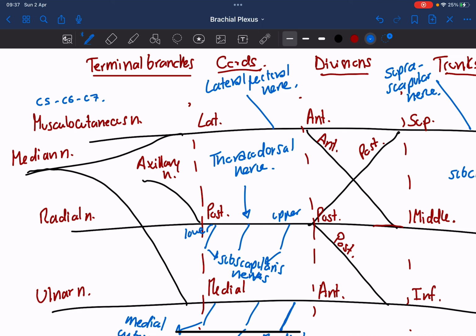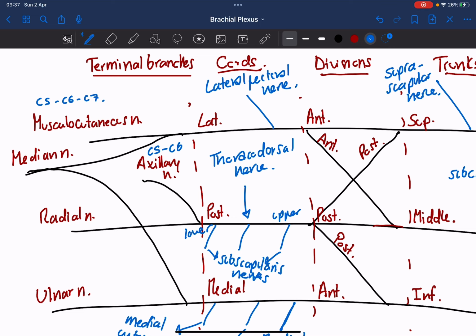Okay, so these are all muscles found on the anterior aspect of the arm, also known as the anterior compartment or the flexor compartment of the arm.